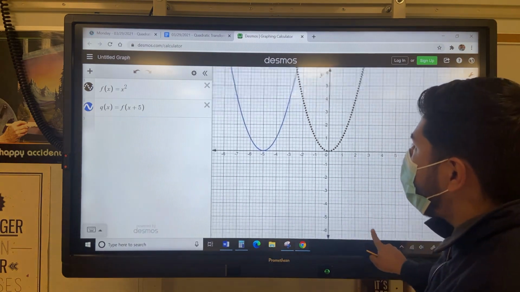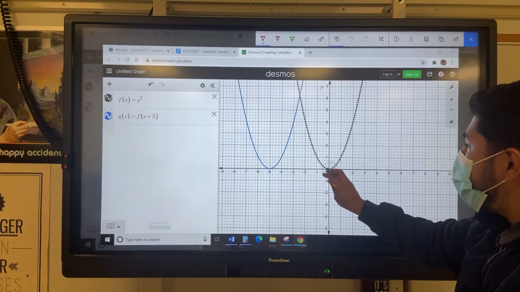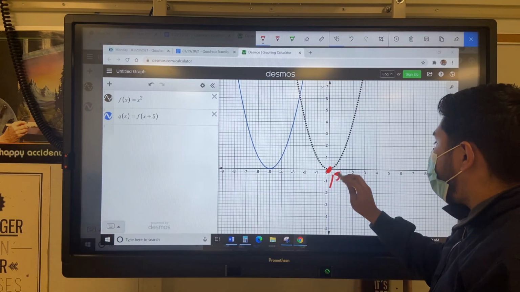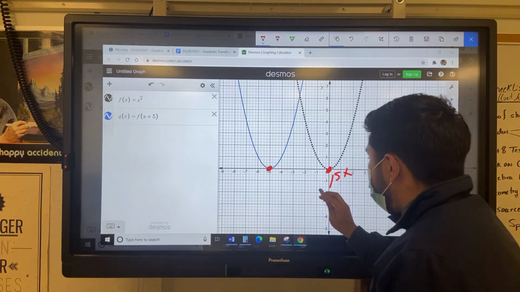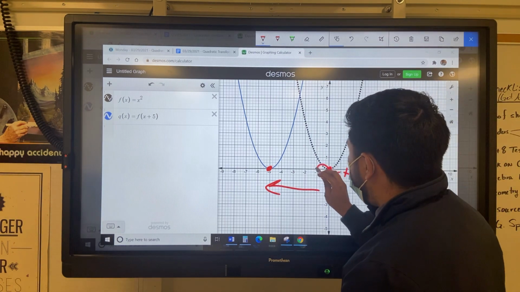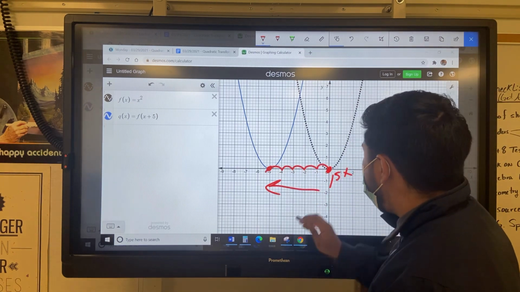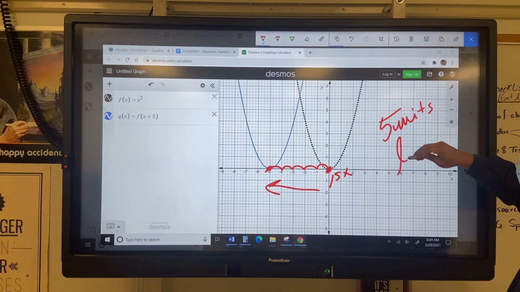All right, look what happened here. Vertex is right here. That's the first point. Vertex over here. What happened? It went to the left. Let's count. 1, 2, 3, 4, 5. So we're gonna say 5 units left.